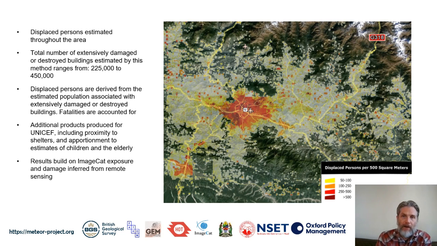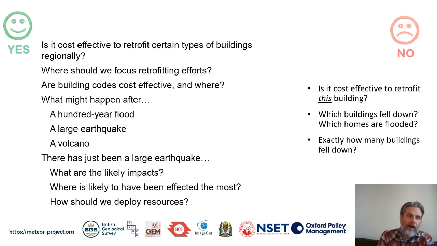And ultimately, we were able to estimate where the displaced people were likely to be throughout the area. We provided this information to UNICEF, and that was used for outreach purposes. So I would argue these are the kind of things that can be done with these data sets effectively without even drilling down to that monetary level.